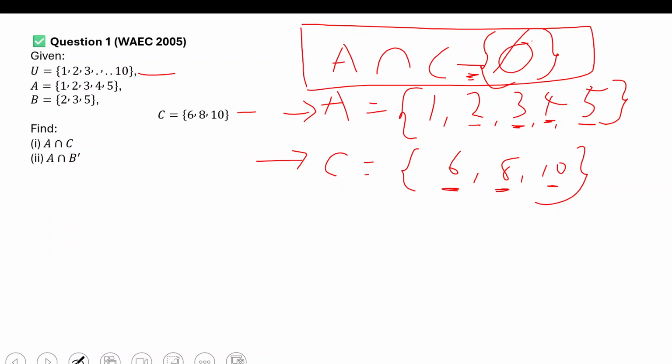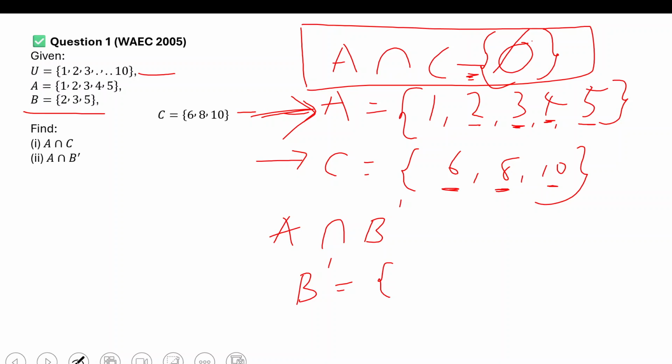For number 2, we're told to find A intersect B prime. So I already have A, but what is B prime? B prime is elements that are in the universal set but not in set B. Set B already is 2, 3, and 5.